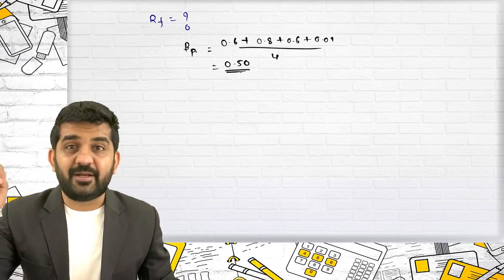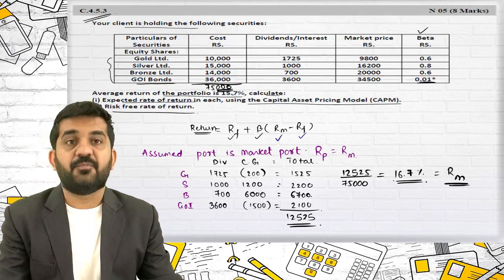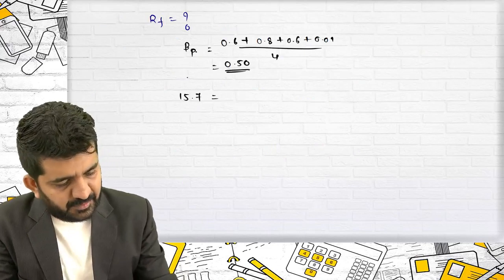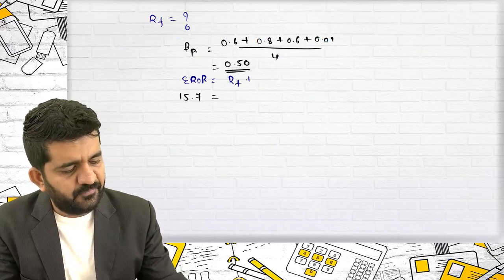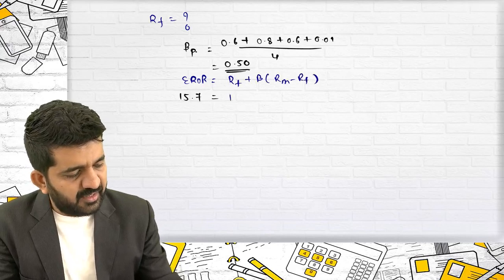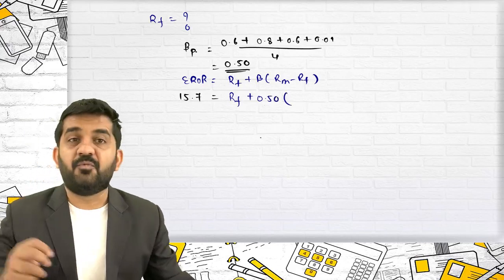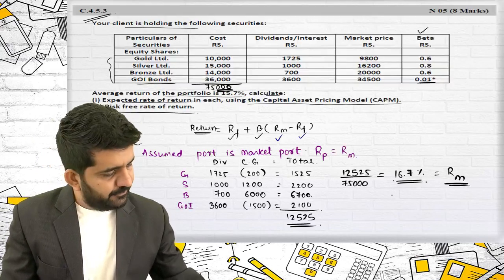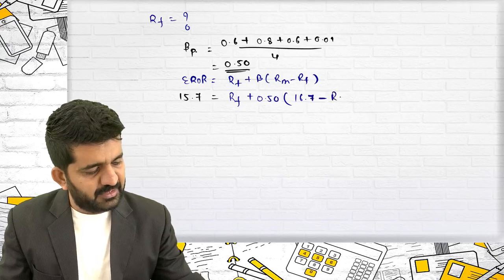And then what they did, try to concentrate. Your expected rate of return is 15.7. They've used that CAPM model. Expected rate of return is equal to RF plus beta into RM minus RF. RF is the missing variable, plus the beta of the portfolio, which is this beta, times RM, which is 16.7%, minus RF.